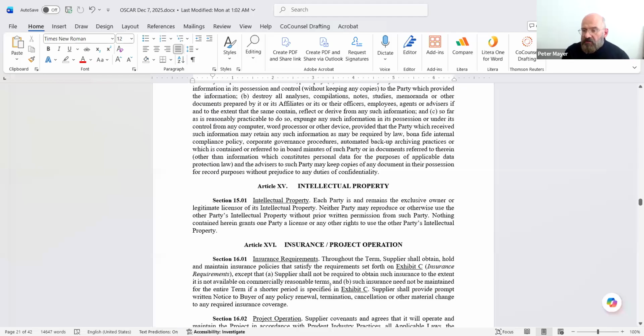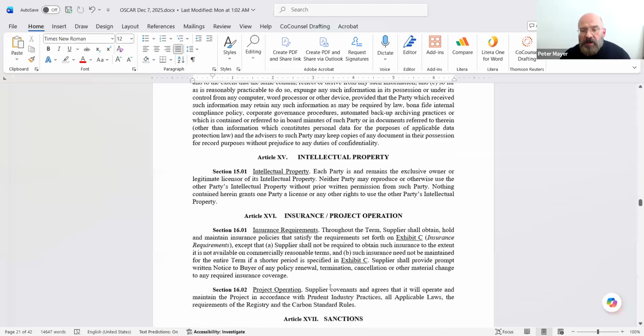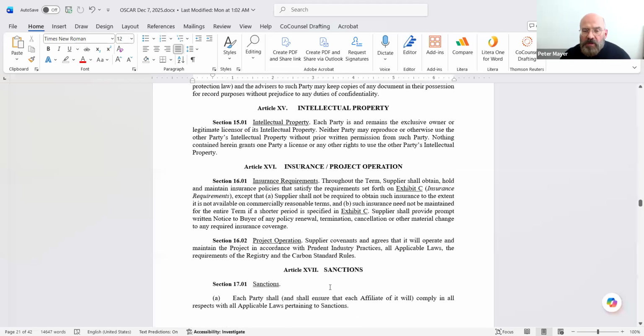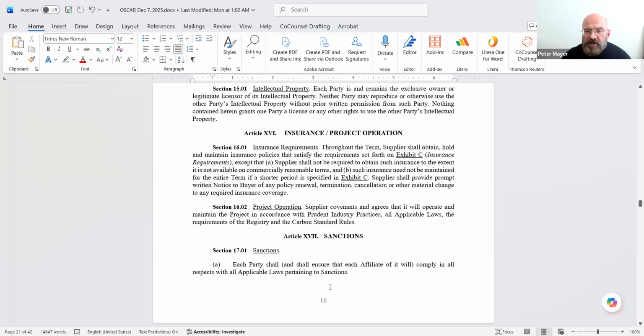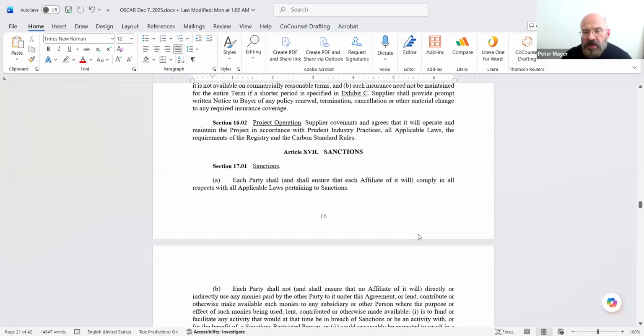IP rights are typically very important for suppliers. They want to make sure that their IP is being protected. Insurance and project operation: supplier needs to covenant that the project is maintained in accordance with all applicable laws and the applicable carbon standard rules.